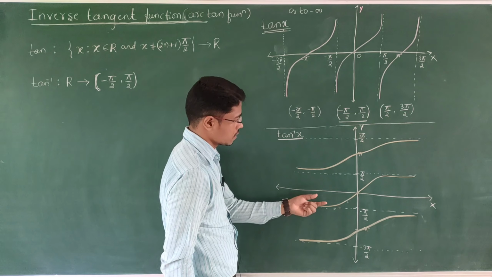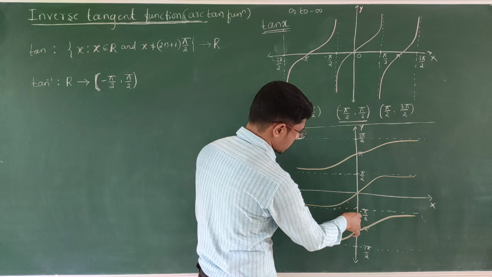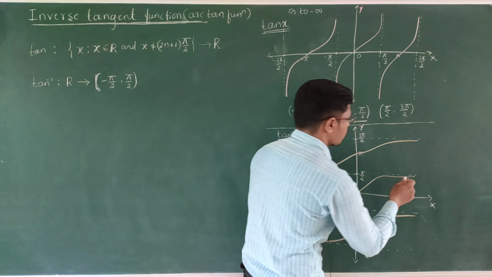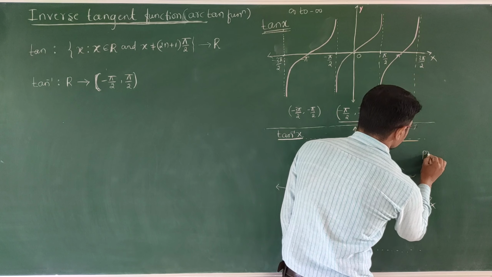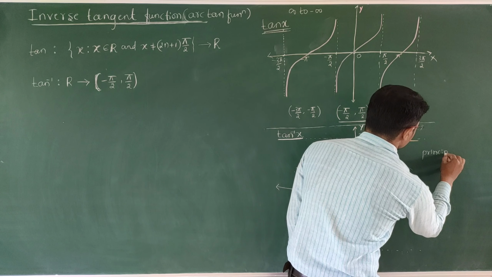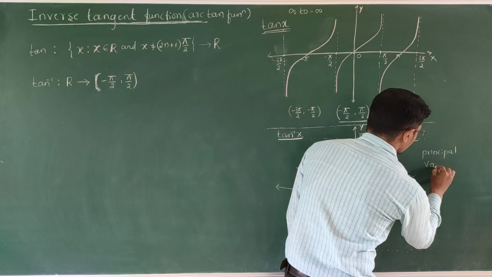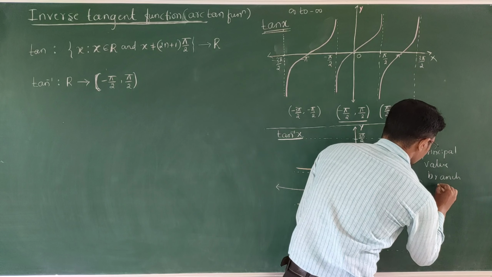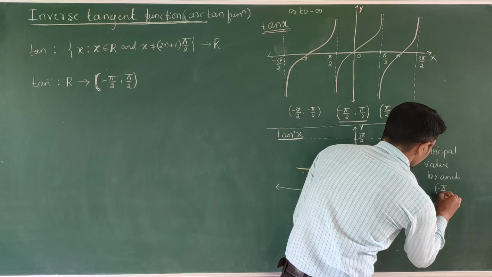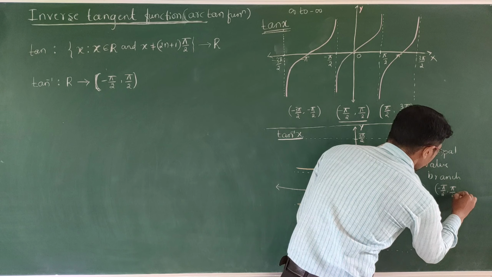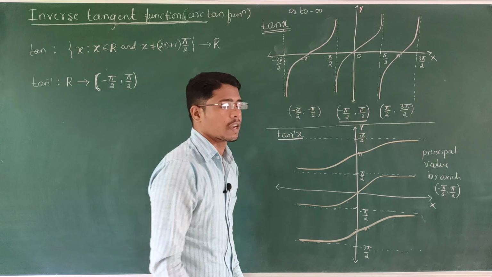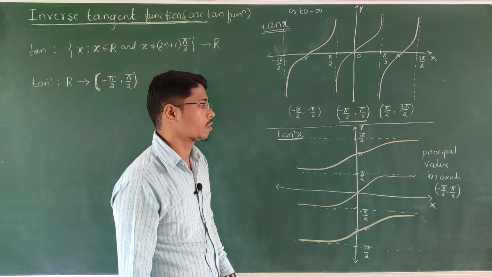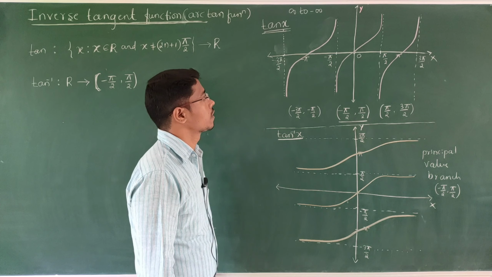In this region, from minus pi by 2 to pi by 2, is called the principal value branch. Open bracket minus pi by 2 to pi by 2, open bracket because at the end points the tan function is not defined. That's why we take open brackets.